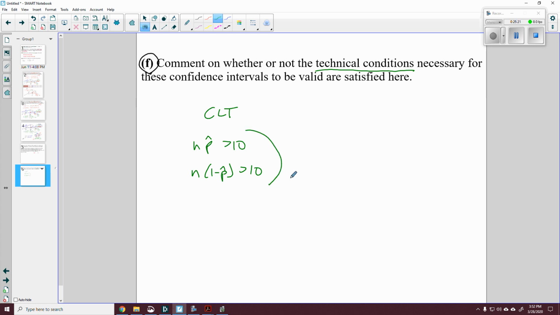Those are two important numerical conditions, and the other condition is that the sample has to be random. These two things have to be satisfied, and we were good, and we did it in the very beginning of the problem.